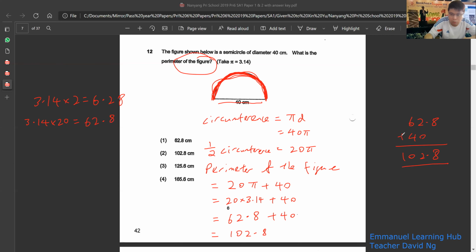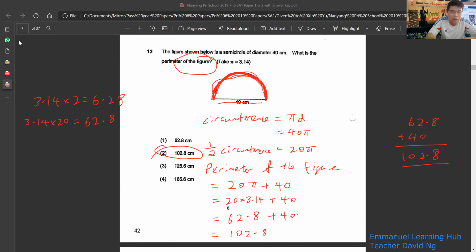You can do the proper working while you're checking, when you first attempt the question. If you're confident, 6 plus 4 is 10, then 2.8. So 102.8. Okay. Any question?